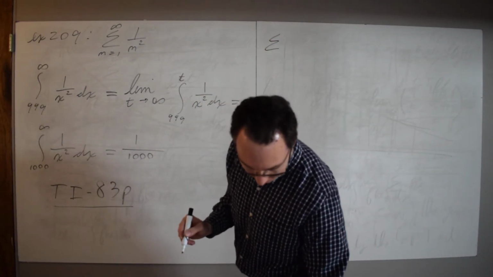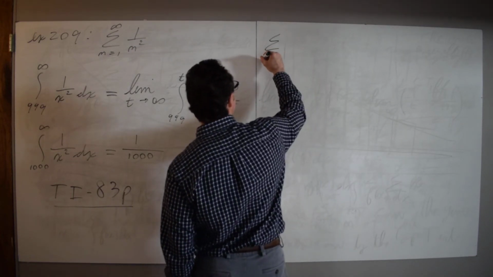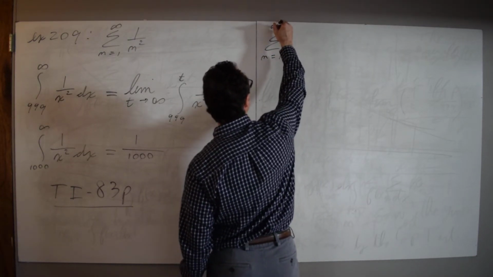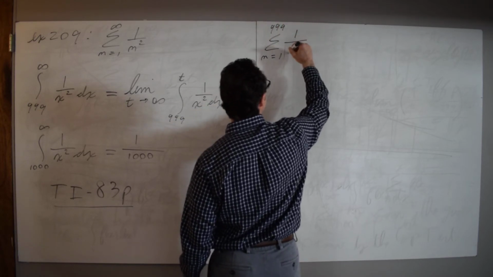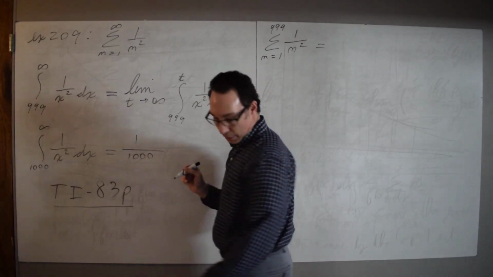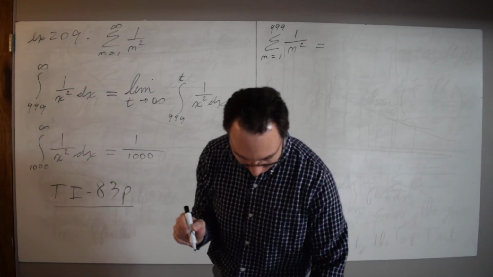The sum of n equal 1 to 999 of 1 divided by n squared.